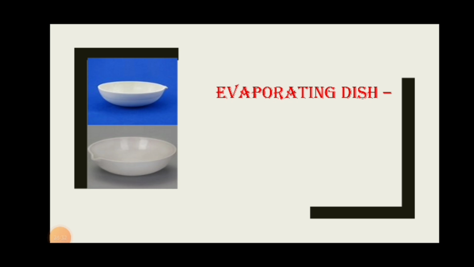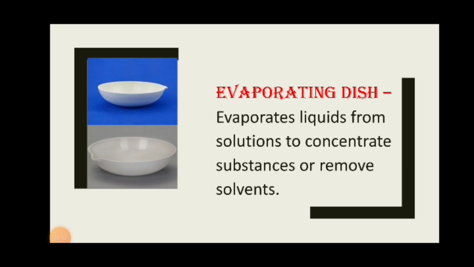If you want to get back the sodium chloride from the mixture with water, pour it in an evaporating dish, heat it under the flame and let it evaporate, water evaporating to the atmosphere, remaining the sodium chloride. That's very amazing. It evaporates liquids from solutions to concentrate substances or remove solvents.